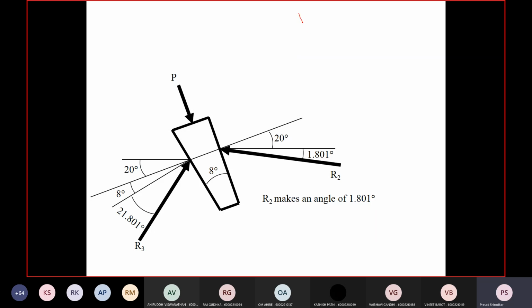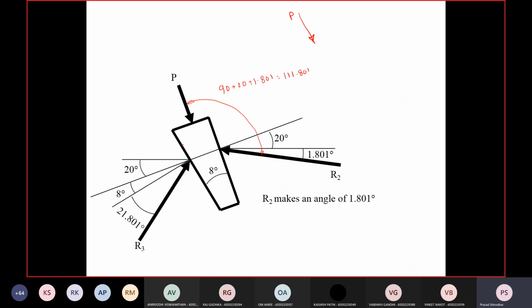All the three forces are intersecting, so this is P, and this total angle will be 90 plus 20 plus 1.801. So 110 plus 1.801, that is total 111.801.